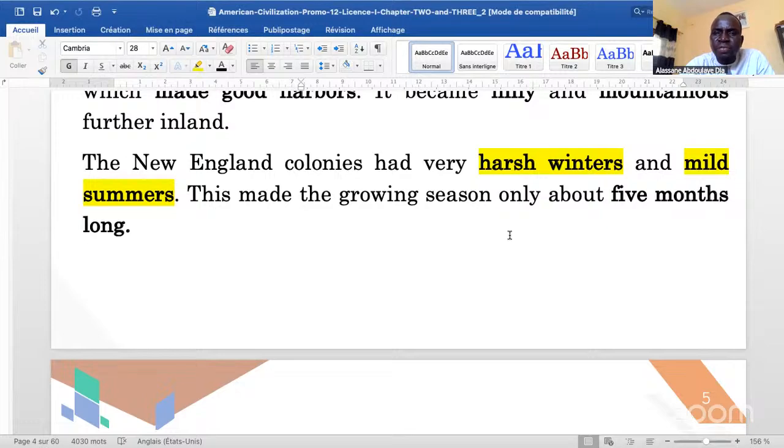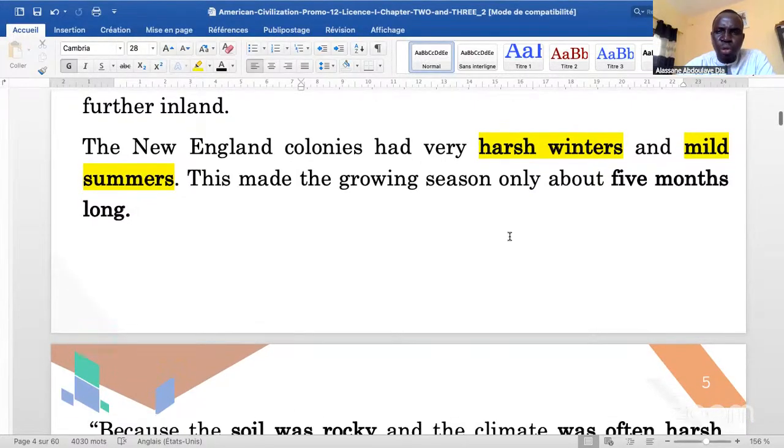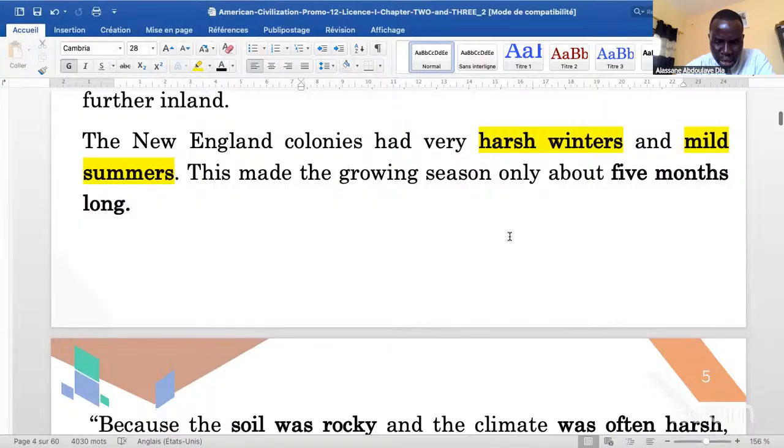Why 5 months? In Senegal, you see people growing at any season. Here, it was not possible. Why? It's because of the harsh winters. The winters were very harsh, so they were not able to grow at any season. They could only do that for 5 months.